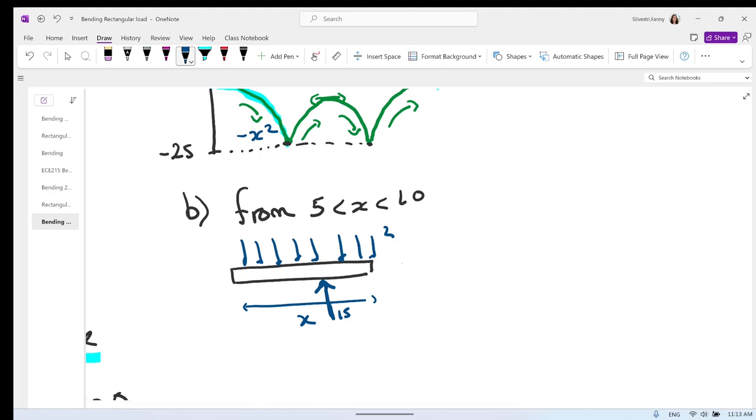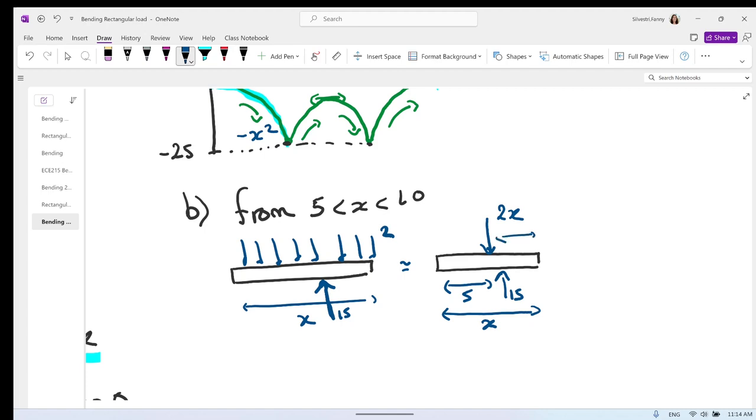This free body diagram is equivalent to this. Oops, 15. Distance 5, distance x, and there we have the force that is equal to 2 times x, so the distributed load times the distance, and this distance there will be x divided by 2.